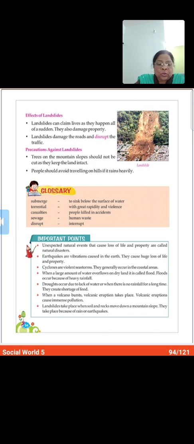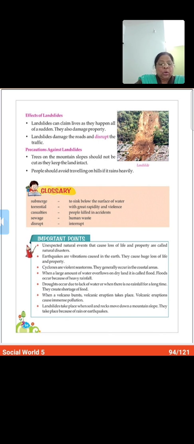Okay. Then landslides damage the roads and disrupt the traffic. They breach dams, and what happens? They cause disastrous, destructive flooding. Okay, and as I told you, seismic disturbances, they can cause earthquakes also.